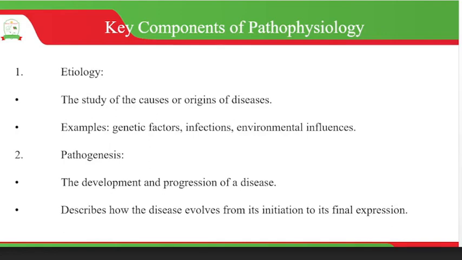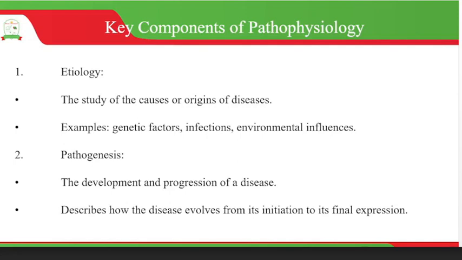So the causes of these conditions that occur to our body cells and disrupt their normal physiological process may be genetic factors, may be infections, may be environmental influences. So the environment we live in may be the cause of the abnormal functioning of our cells.